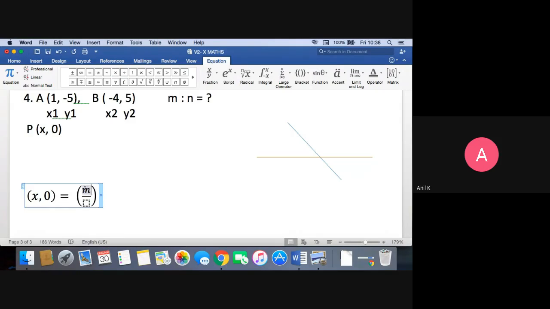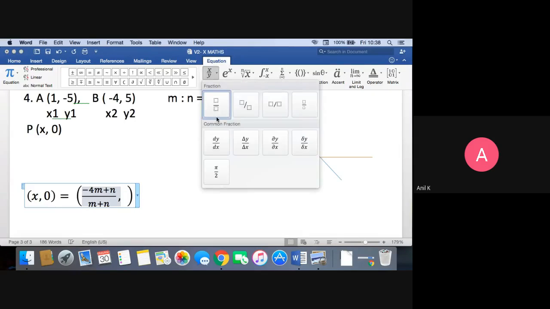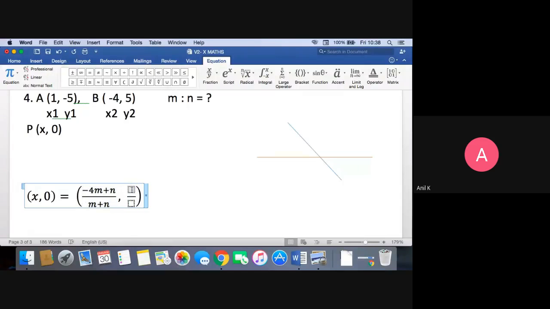So I'll get minus 4m, that is mx2, plus nx1, n into 1 is n only, upon m plus n, comma. Next I'll put my2. m is m only, y2 is 5, so it will be 5m.